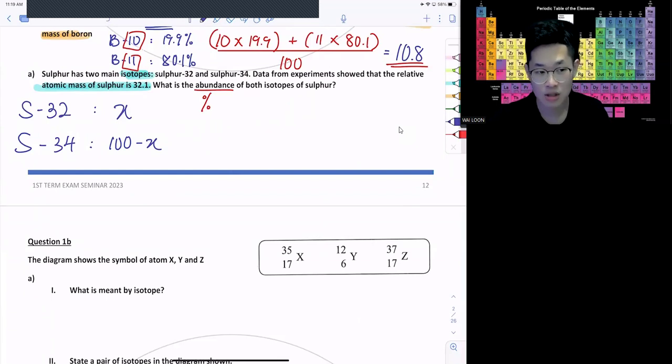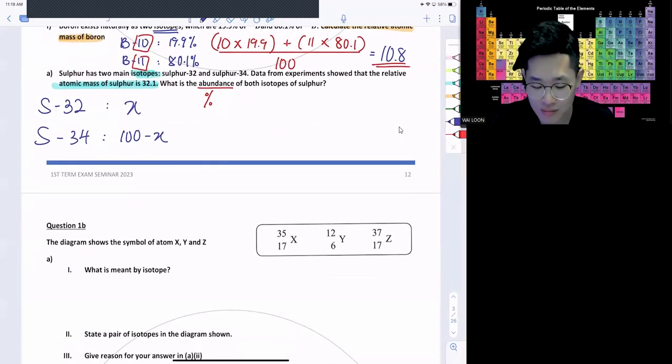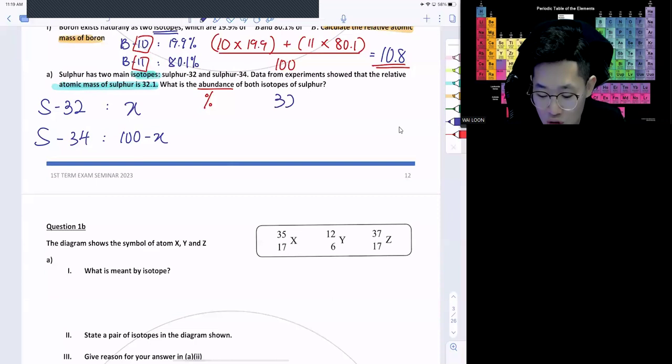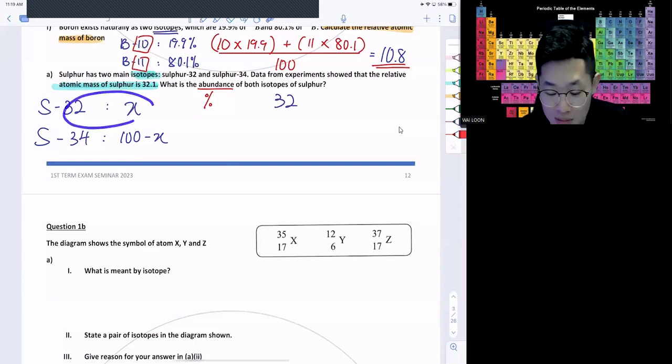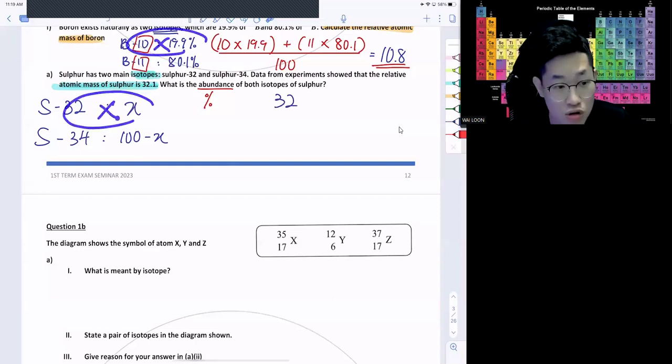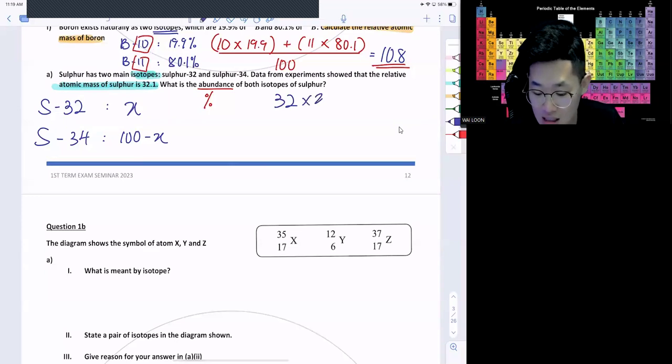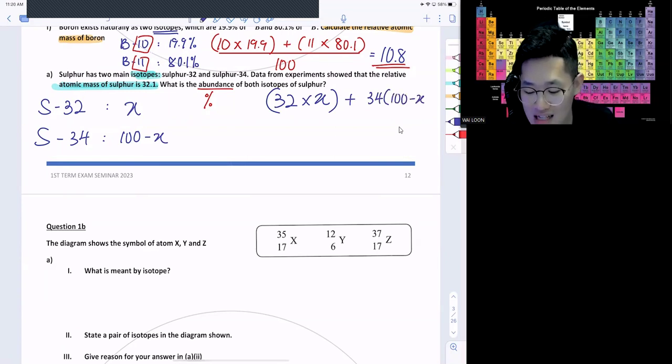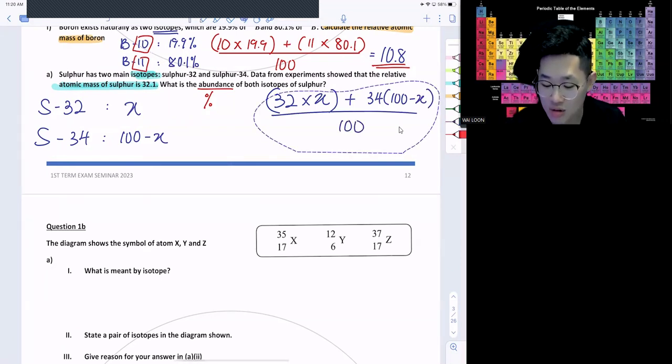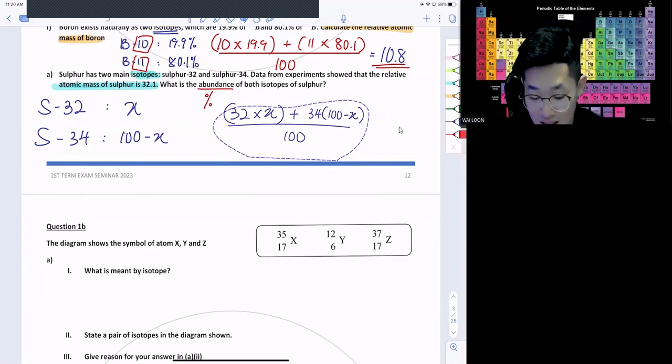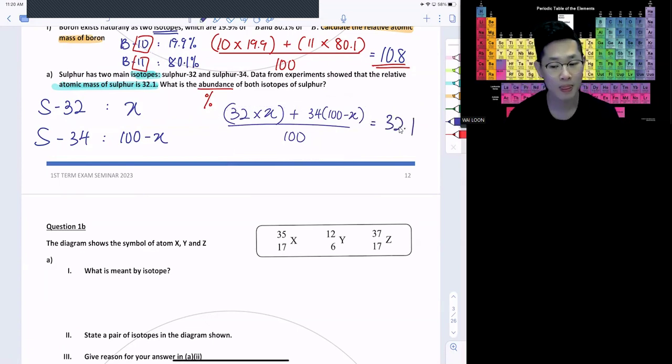So all you have to do now is 32 times the percentage, so 32 times X plus 34 times 100 minus X, divide 100, to get 32.1.